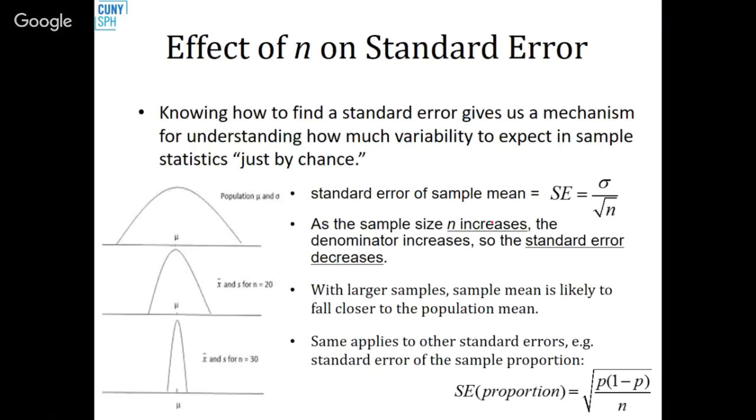And it's the same thing with proportions, as long as we have a large enough sample size that there aren't too few observations in either category. So if we were talking about cases and controls, the proportion and the sample size are such that we can use this normal approximation of the binomial distribution.